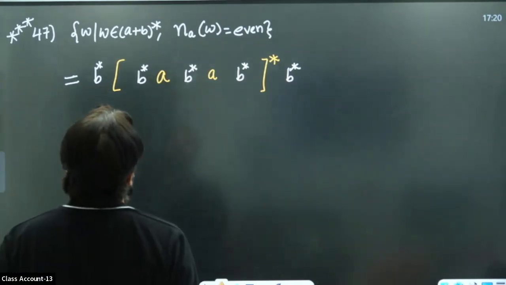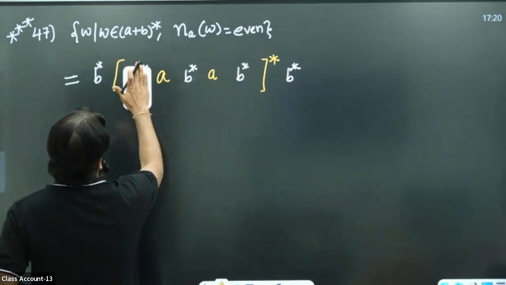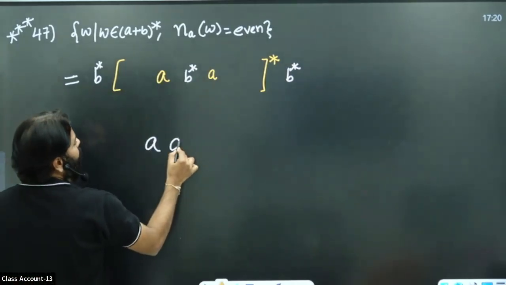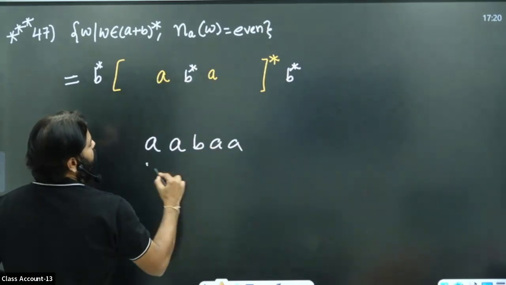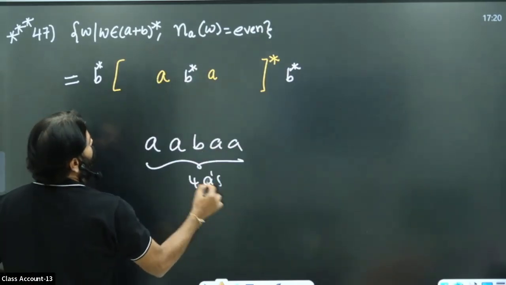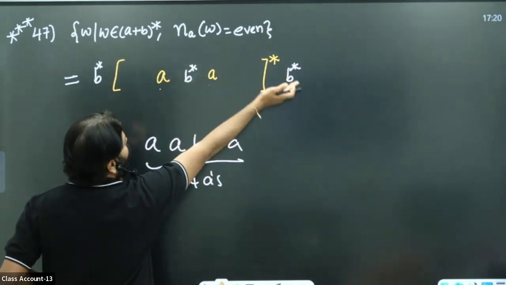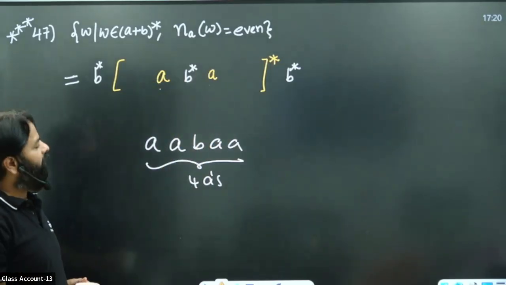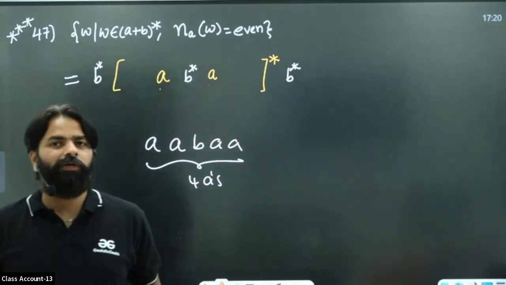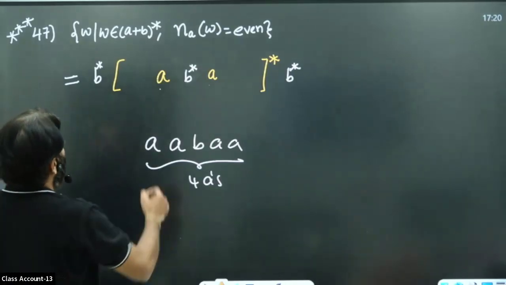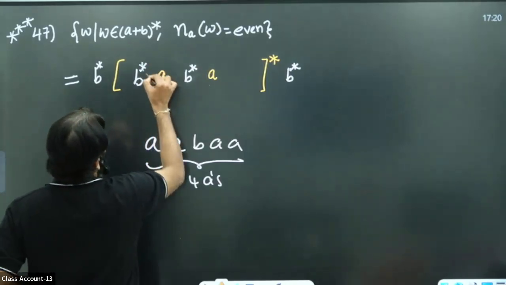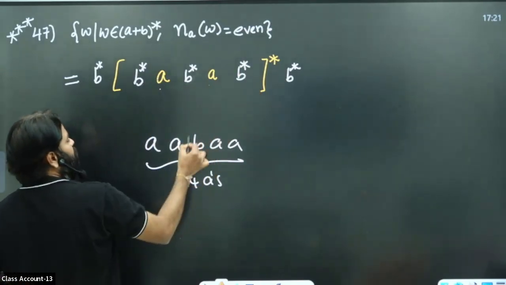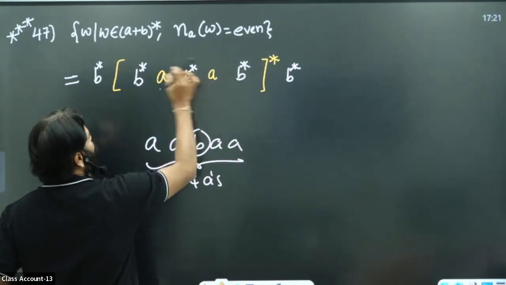See, if you don't have this B star, do you know what happens? Say I want B double A. See, this is 4 A's. It should generate now. After double A, you want a B, it will go out. You cannot come back. Correct? So now you will be having a problem. Able to understand why you require that B star here? If you want to generate, either this one or this one must be there.